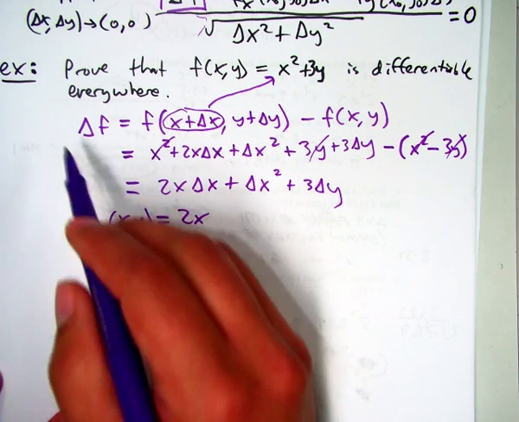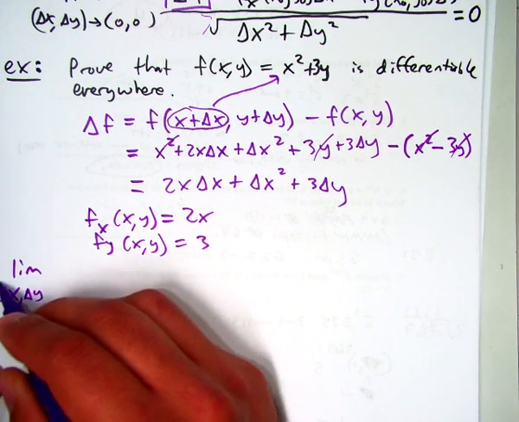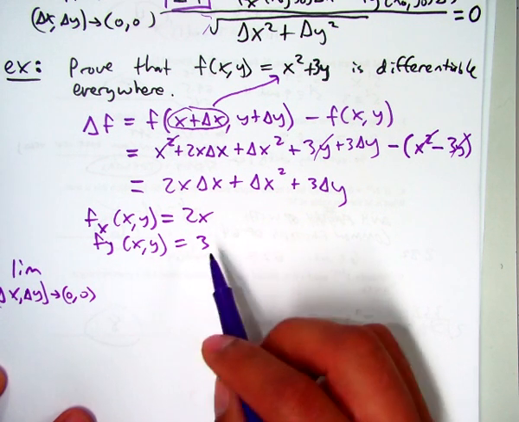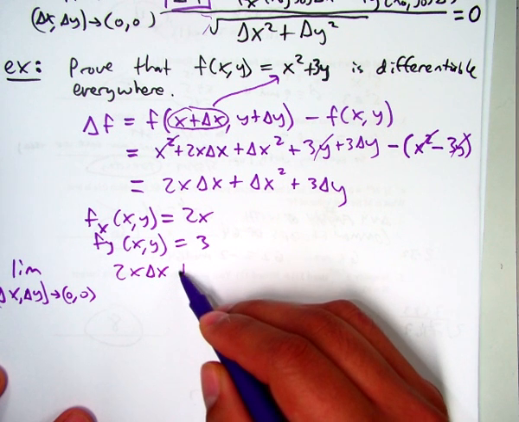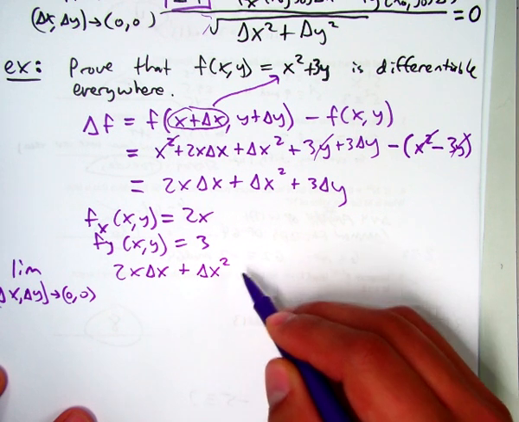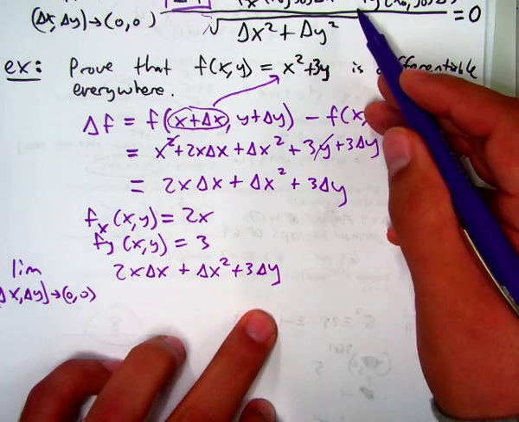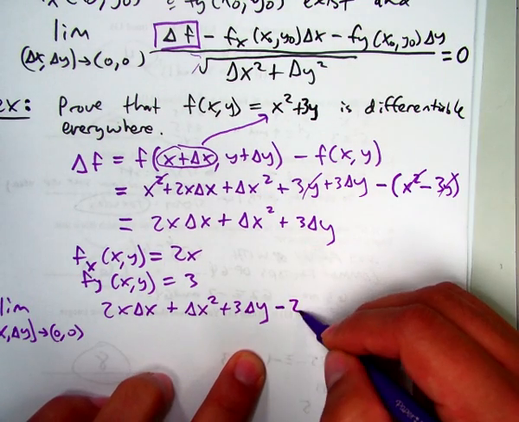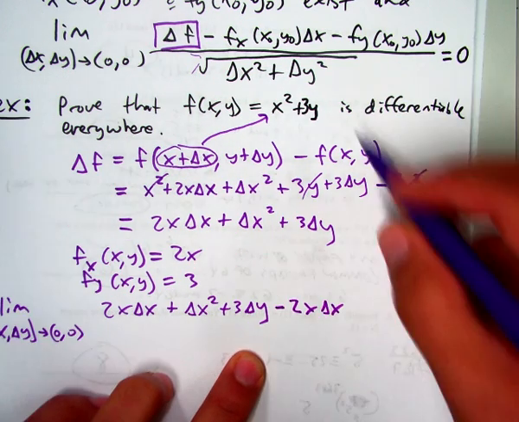So now we do the limit as delta x and delta y go to 0 of 2x delta x plus delta x squared plus 3 delta y. And now we do, according to the formula, minus partial x, which is minus 2x, but we still need delta x. Do you guys see where I'm getting that from?